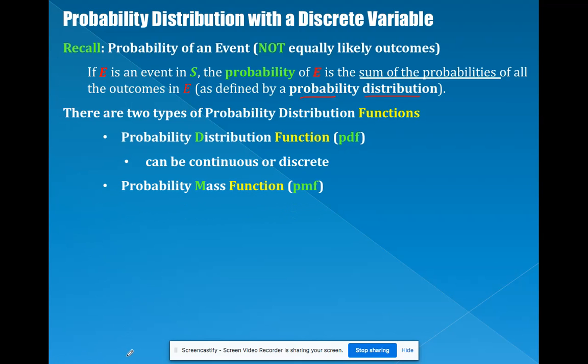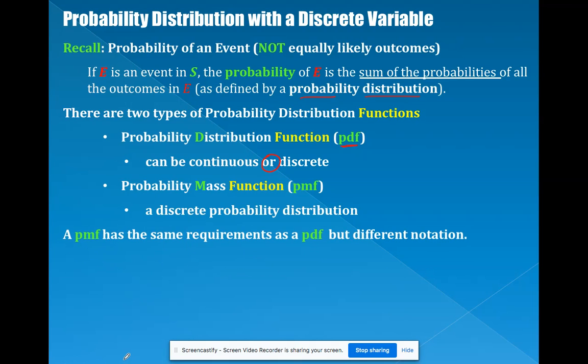But as soon as you are talking about just discrete data, probability mass function is more appropriate, and that is what we've really been doing all along.